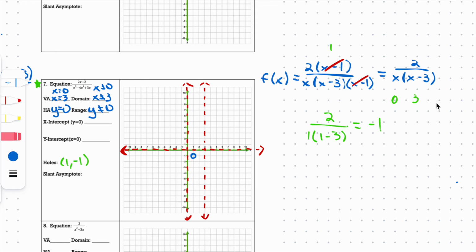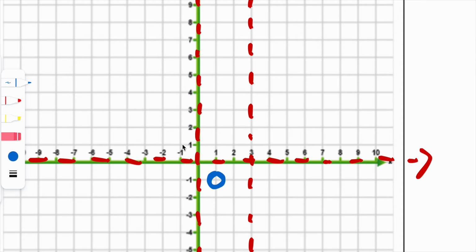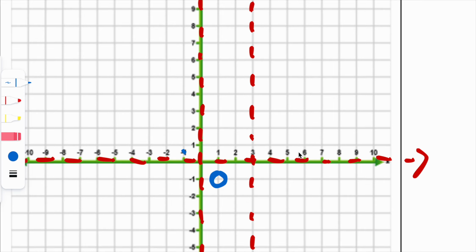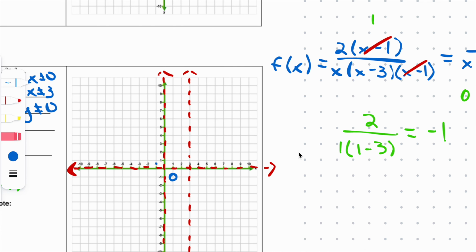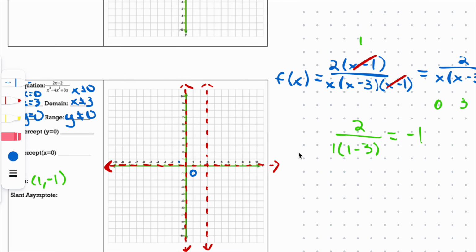Well, negative 1 minus 3 is negative 4. Negative 1 times negative 4 is positive 4. And so we have 2 over positive 4. That's going to be 1/2. So we have a point right there.